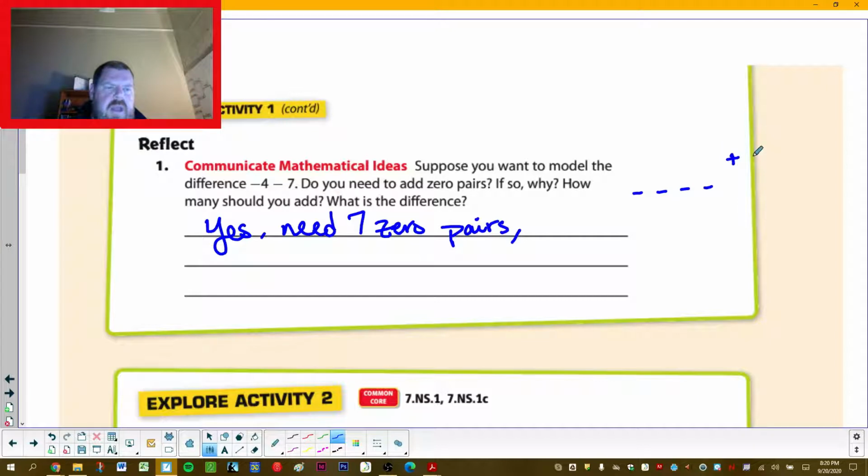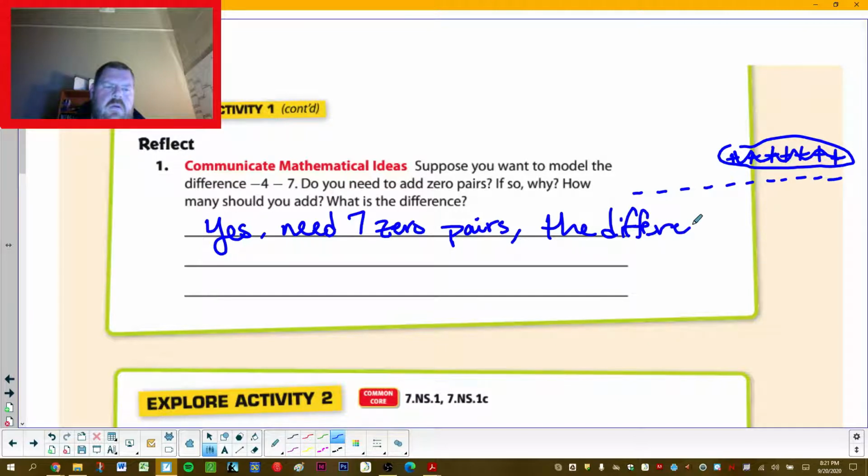So if I'm adding 7, 1, 2, 3, 4, 5, 6, 7, and then I'm able to take away those 7 positive counters, what am I left with? 1, 2, 3, 4, 5, 6, 7, 8, 9, 10, and 11. So the difference is -11.